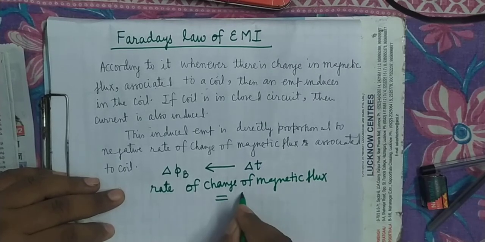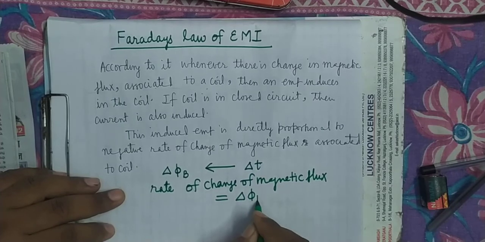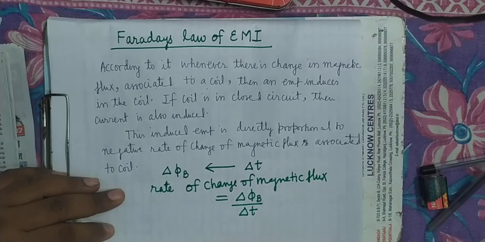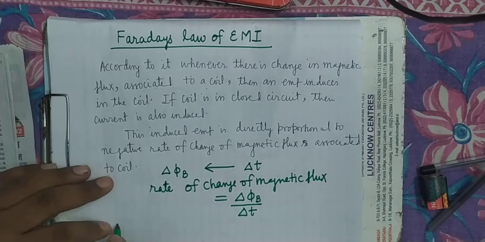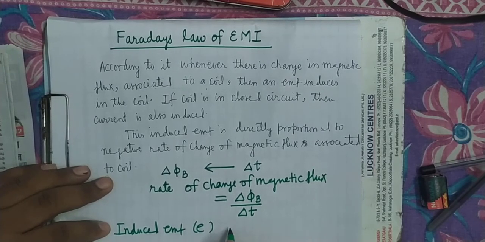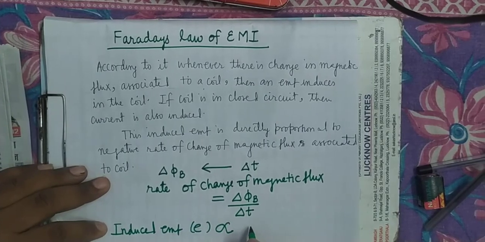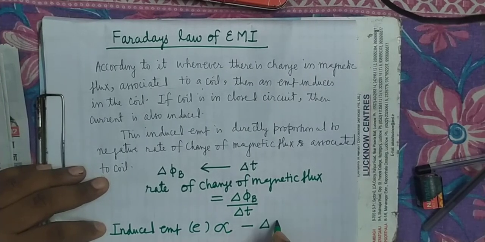This will be equal to delta phi B upon delta t. Means induced EMF E is directly proportional to minus delta phi B upon delta t.